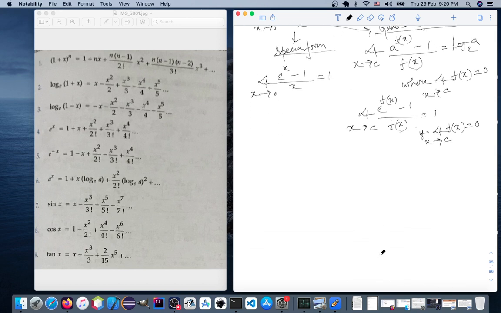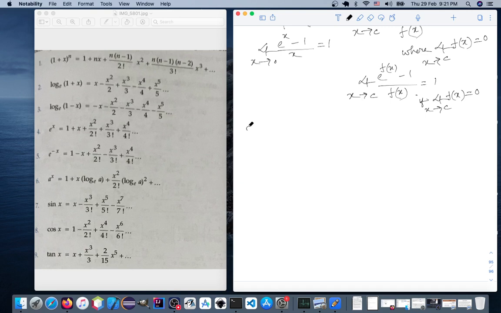Now, this is the first result. The second result is limit x tending to 0, log to the base a of (1 plus x) divided by x, is log e to the base a.